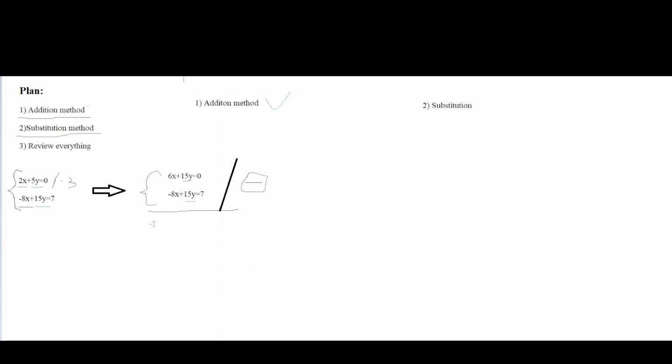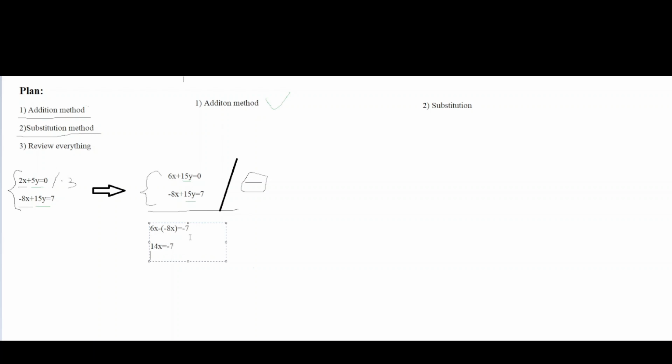Our equation will become like this: 6x minus (minus 8x) equals 0 minus 7, which is minus 7. So 6x minus a minus 8x becomes 6x plus 8x. It will be 14x equals minus 7.